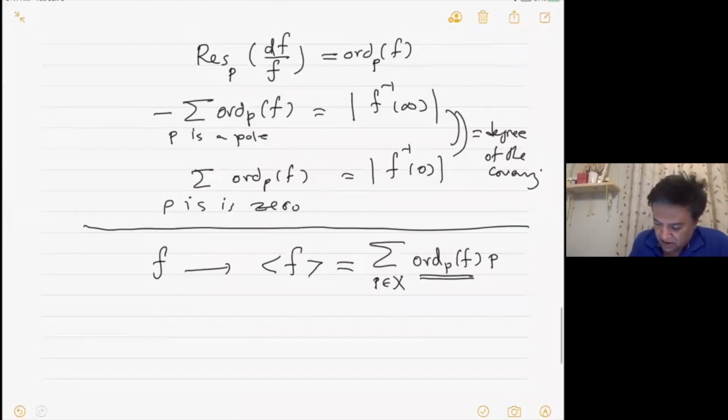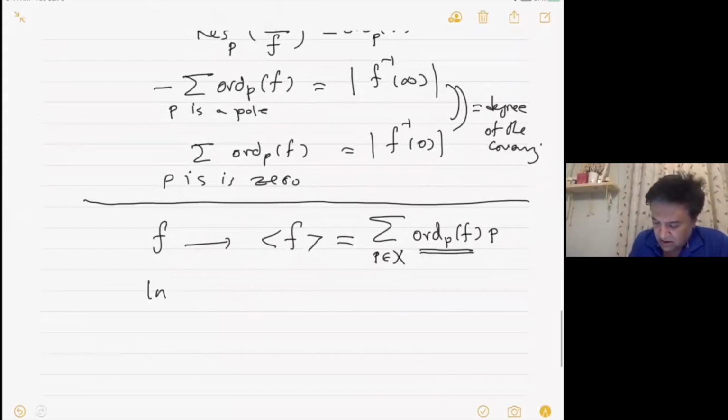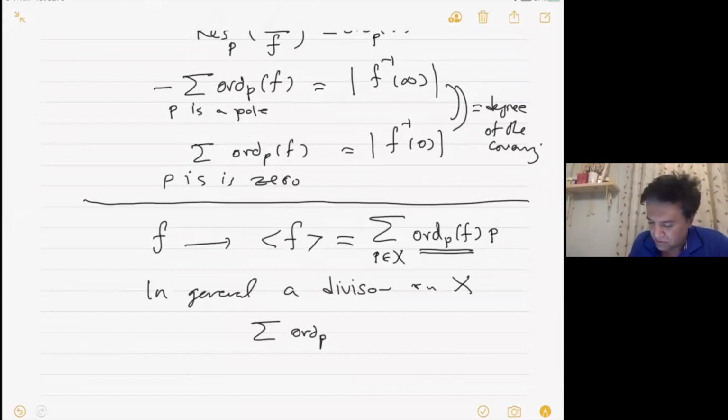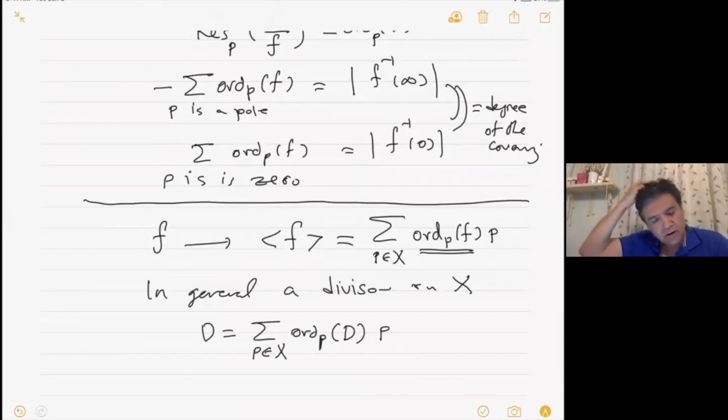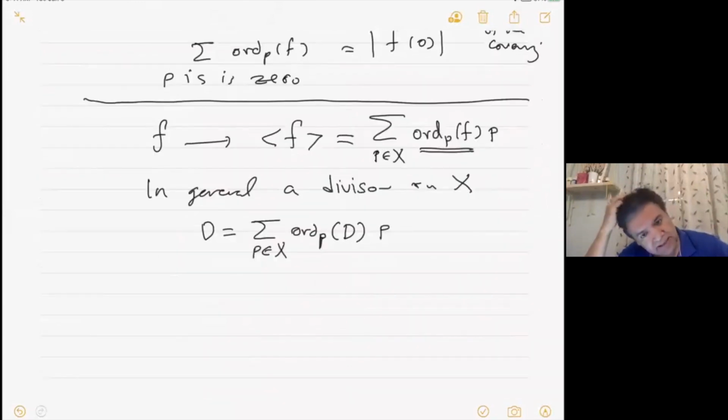So in general, a divisor on X is such a formal sum, where ord_p are integers, and for almost all p's, that means for all p except finitely many, it is 0.